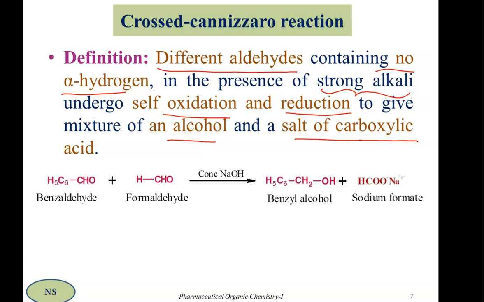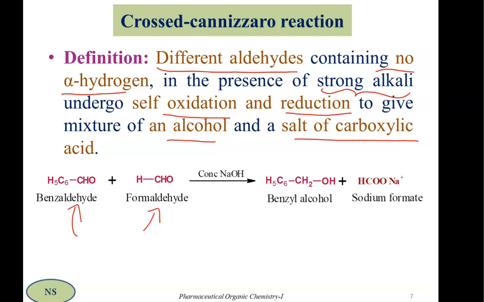Here we have to consider 2 different aldehydes. One aldehyde, let us say, is formaldehyde, and another aldehyde is benzaldehyde. These 2 undergo reaction in the presence of sodium hydroxide, and the products obtained will be benzyl alcohol and sodium formate. In the previous simple Cannizzaro reaction, because the 2 aldehydes we take are the same, the corresponding oxidative product and reduced product we can write easily.